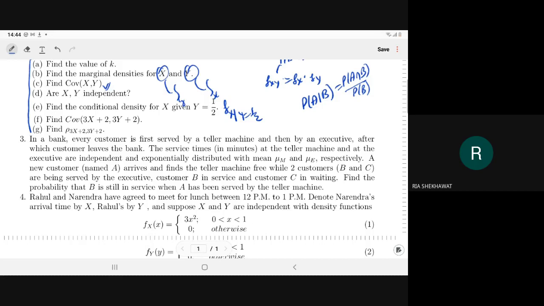So every customer has to go through the teller machine as well as the executive. The service times in minutes at the teller machine and at the executive are independent and exponentially distributed with means mu m and mu e. In the solution, I have taken mu t.